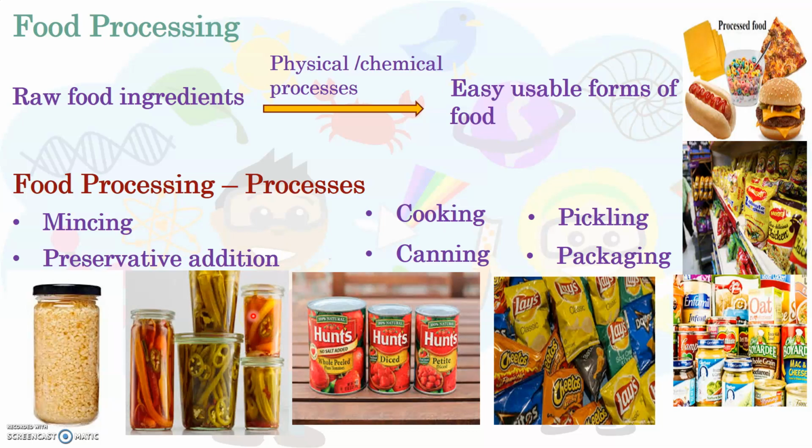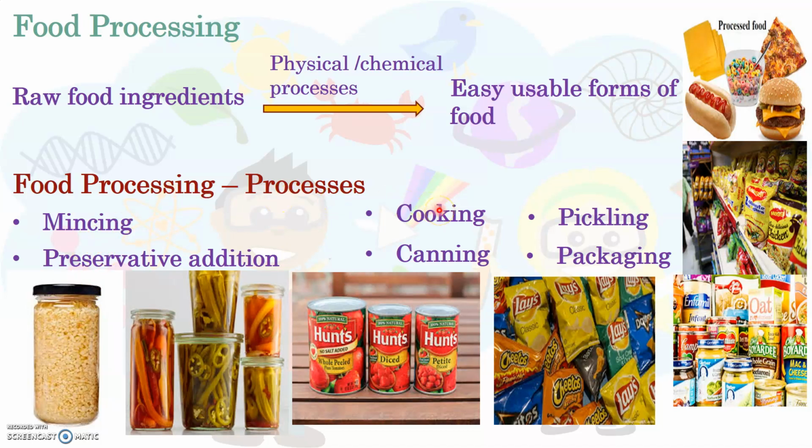Now let us see what are the various processes that are used in food processing. First is mincing. Mincing, which means food is finely divided into uniform pieces. This is an example of minced garlic. As you can see here, garlic is chopped into uniform pieces. This is one type of food processing.